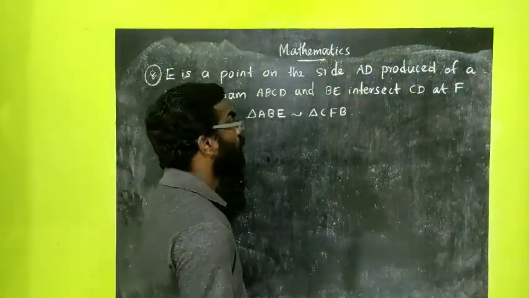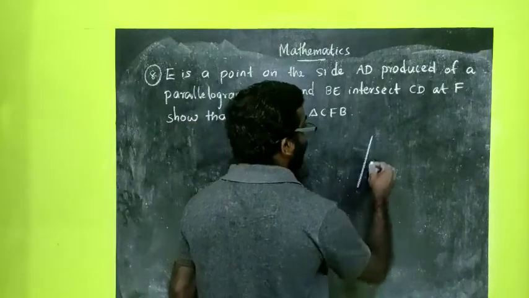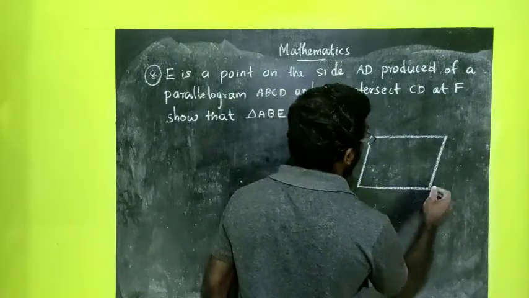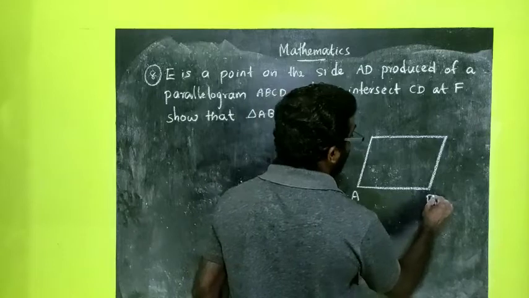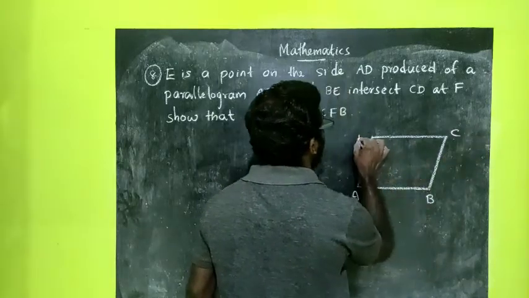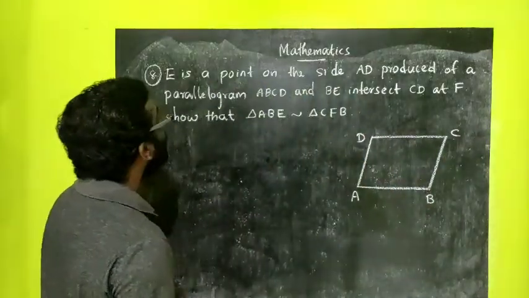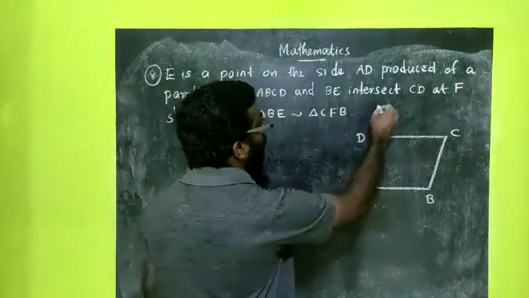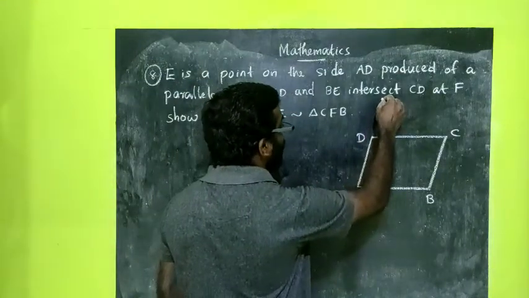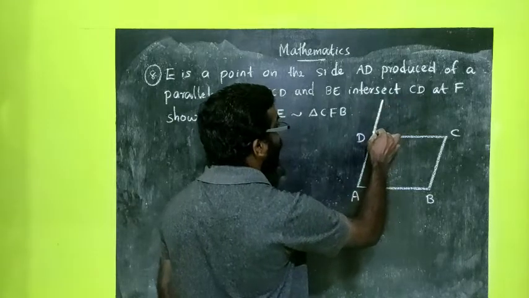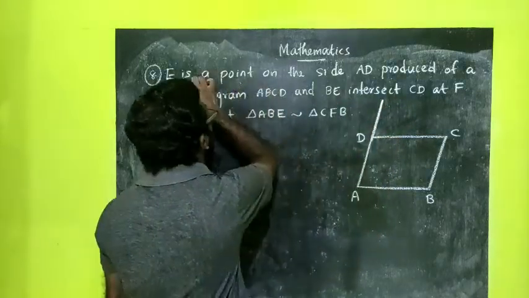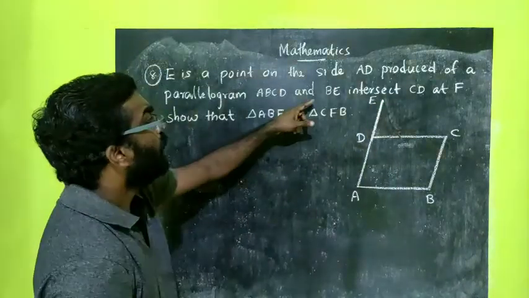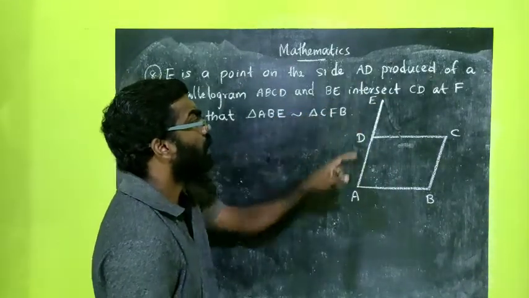Okay, so ABCD is a parallelogram in which E is a point on the side AD produced. So you can extend the side AD in order to get the point E. Mark it as E. And BE intersects CD at F.